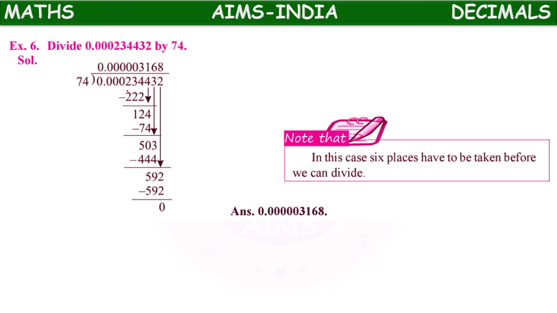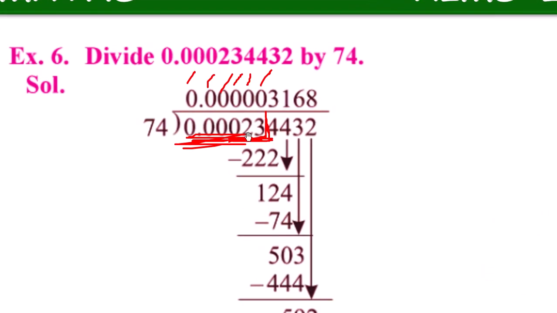Up to here, for whatever places are there before this, we will keep zeros only, because up to this part it is not divisible by 74.